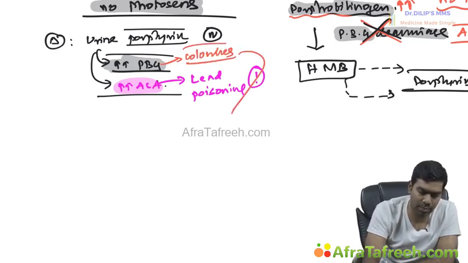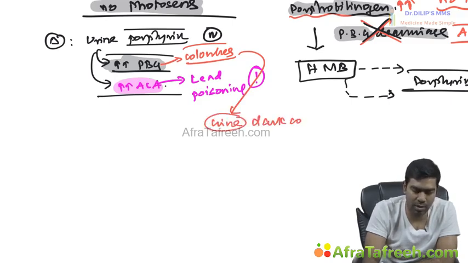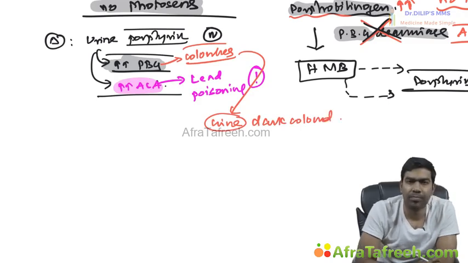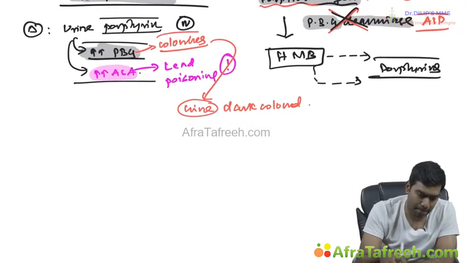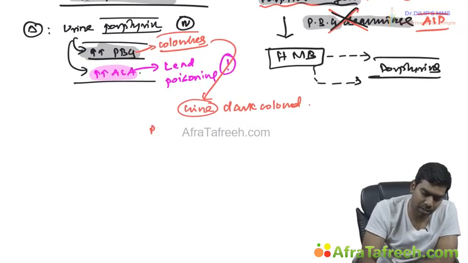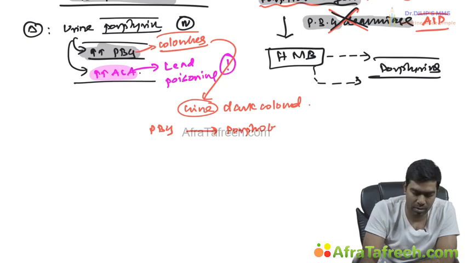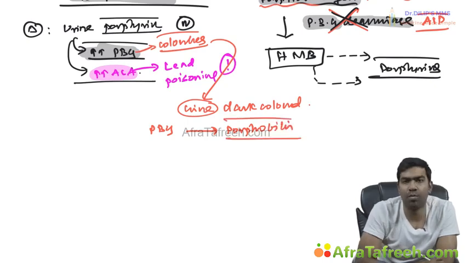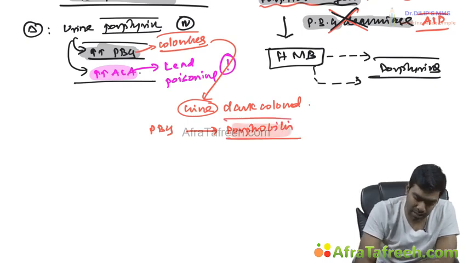So you would expect the urine to be white, but the urine also tends to be dark colored in acute porphyria. The reason is that PBG can be degraded to porphobilin, and this porphobilin does have a color, a brownish color.